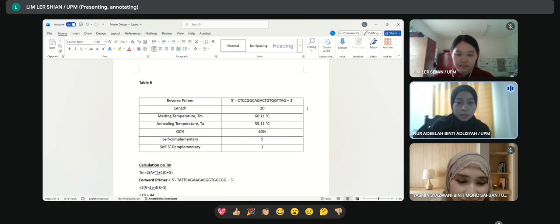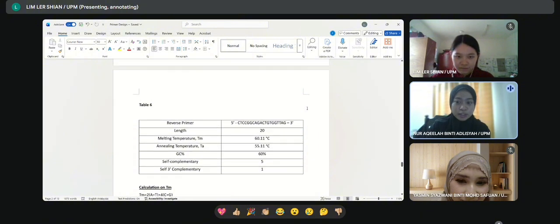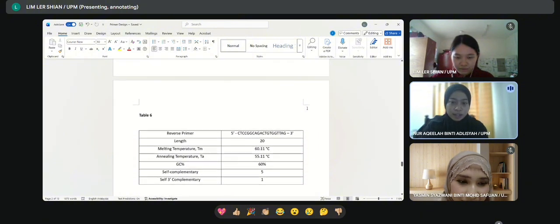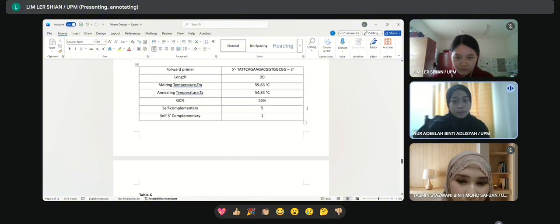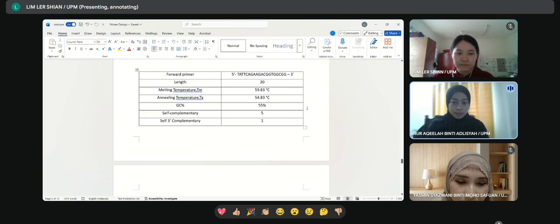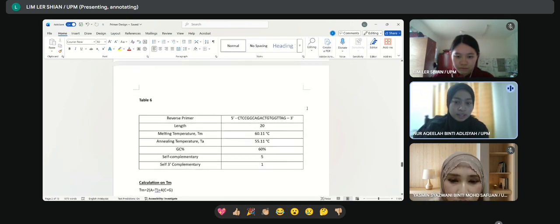So basically, both of these primers are exactly 20 nucleotides in length, which is the standard for maintaining high specificity during qPCR. And the melting temperatures are exceptionally well balanced, with the forward at 59.83 Celsius and the reverse at 60.11 Celsius.